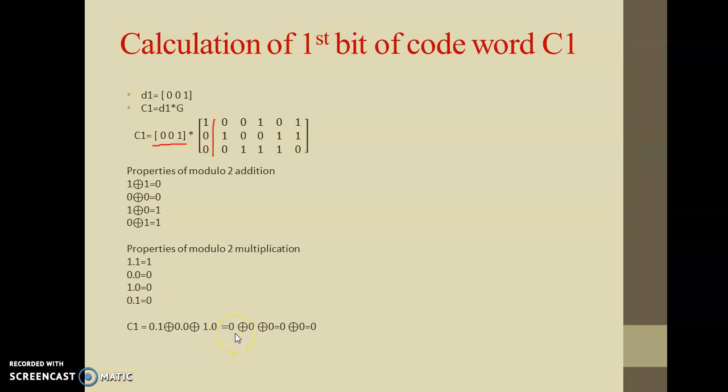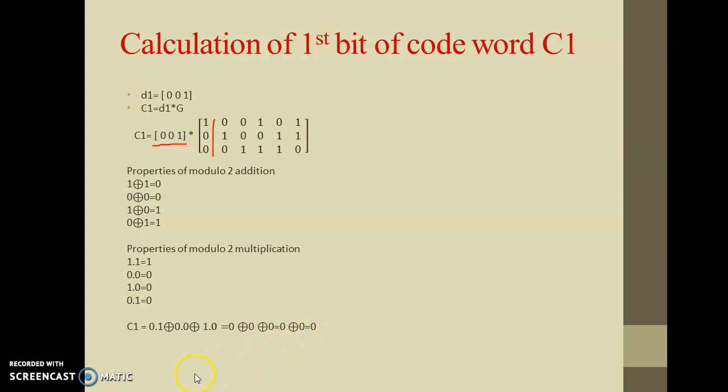Now you can solve it. 0 into 1 is 0, 0 into 0 is 0, 1 into 0 is 0, and 0 plus 0 is 0, and 0 plus 0 is again 0. So the first bit of C1 is equal to 0.